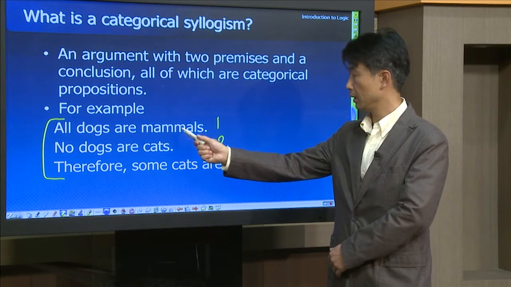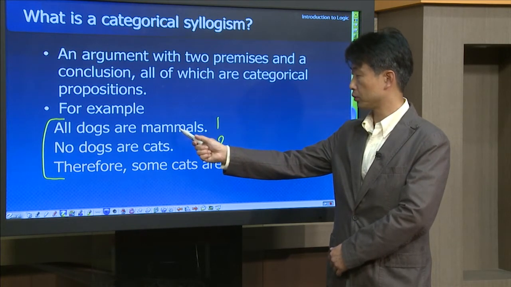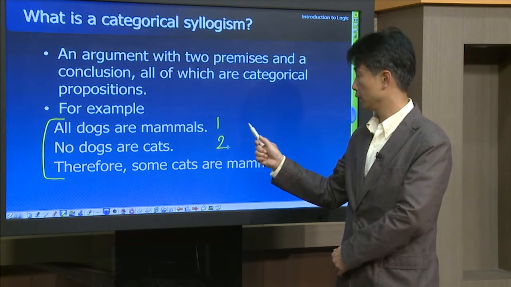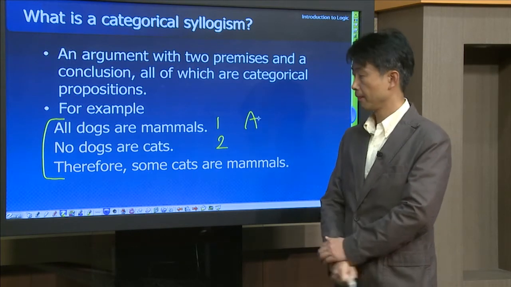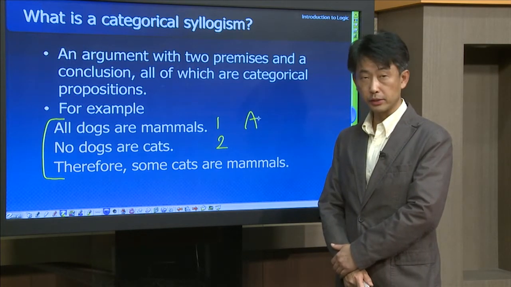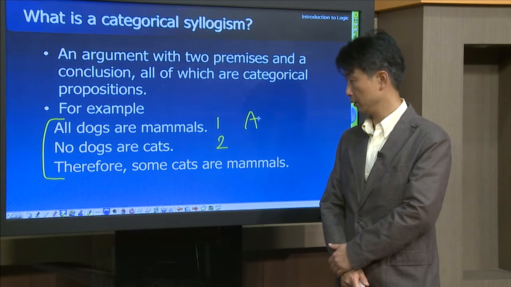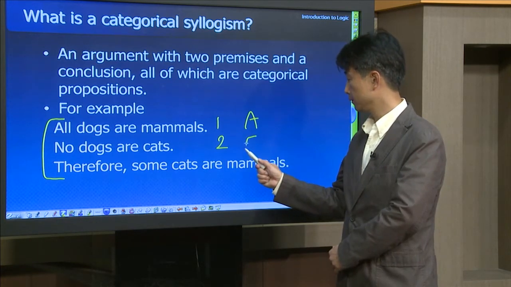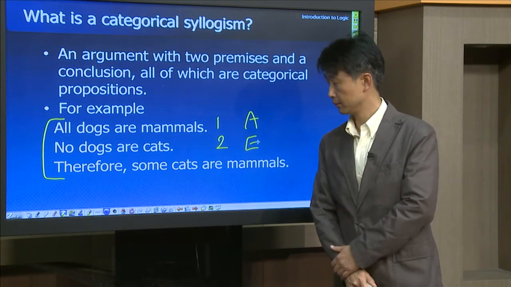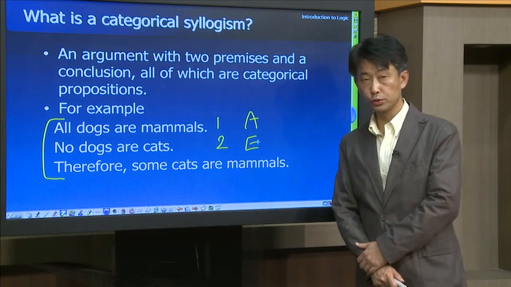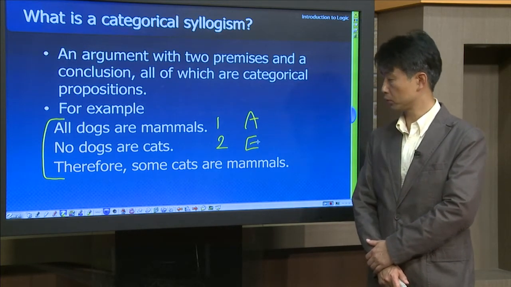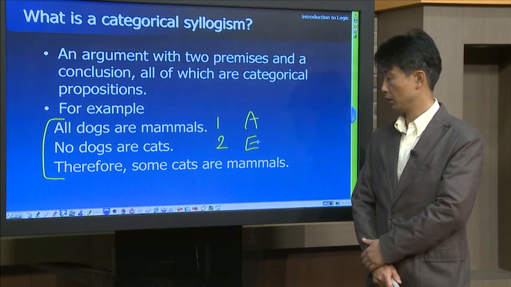As you can see, the first is a categorical proposition called what? A-type, right? The second premise is a categorical proposition again. It's E-type. Finally, the conclusion is a categorical proposition of what type?